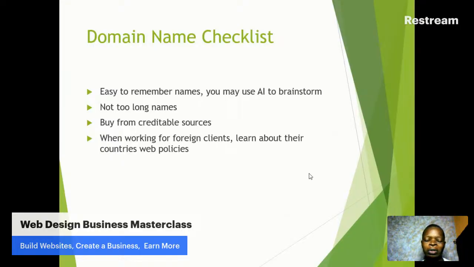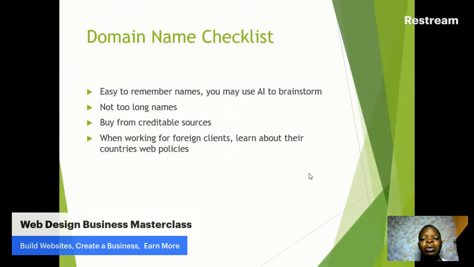You don't want to go for names that include numbers. You don't want to start using symbols. For example, you want to use a dash, no, APC-Nigeria, no, it's not professional. You want to go for a name that sounds well, that goes well with your brand, that tallies with your brand.